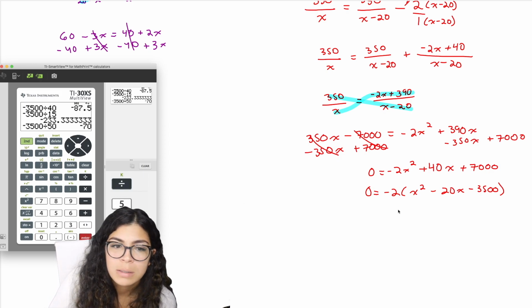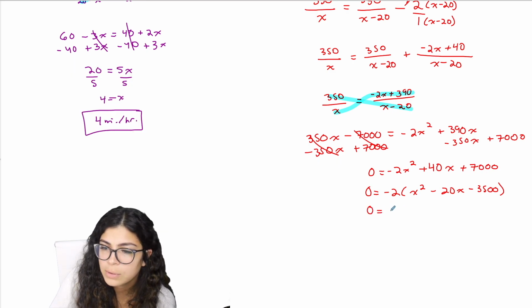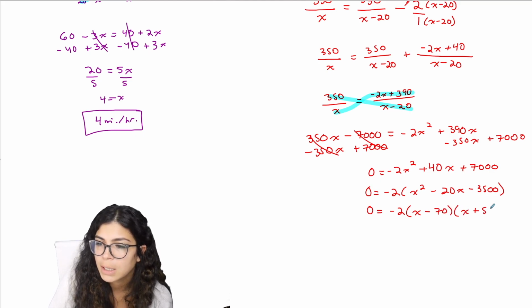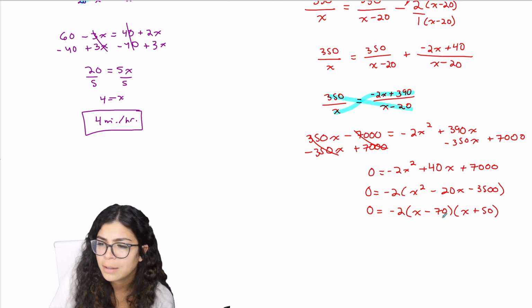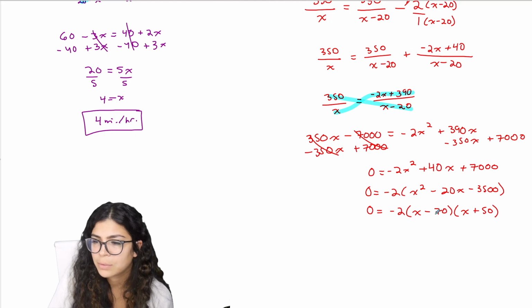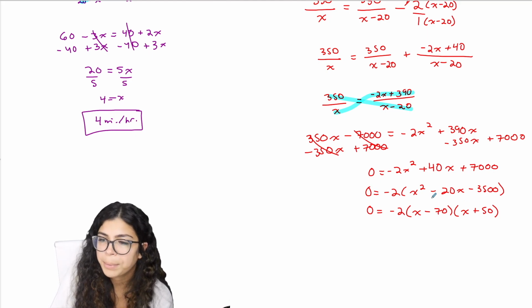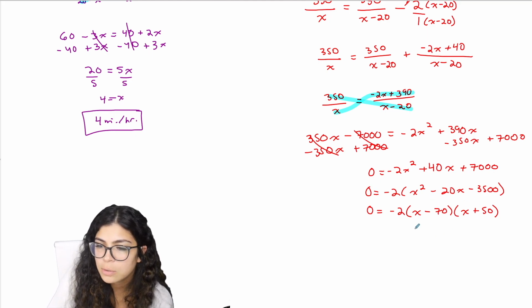So 0 equals negative 2 times X minus 70 times X plus 50. Oh yeah, 5 times 7 is 35, and then negative 7 plus 5 would be negative 2. So, yep, great. We get two solutions: X equals 70 and X equals negative 50.